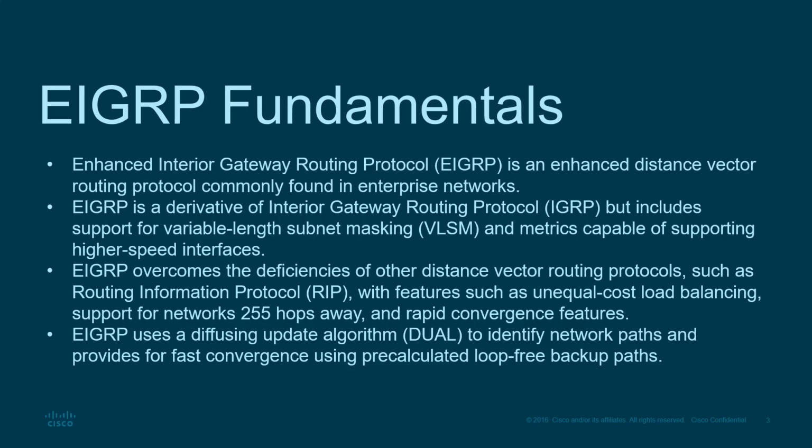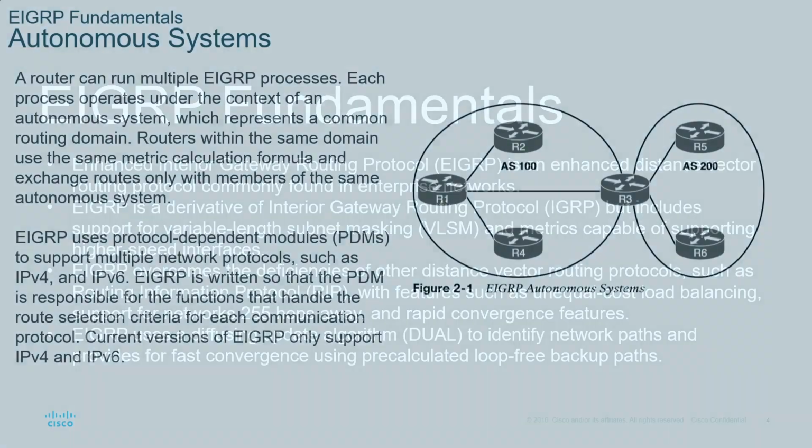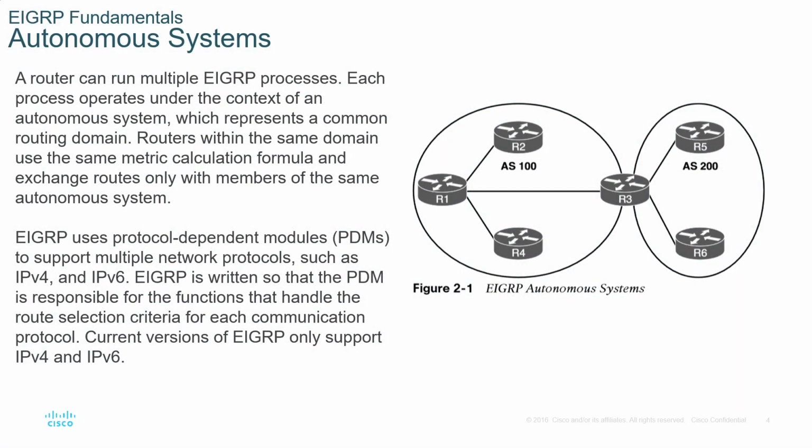The algorithm that is used is DUAL, which is diffusing update algorithm, which pre-calculates a loop-free path and provides fast convergence for the protocol. So what's made up this protocol?